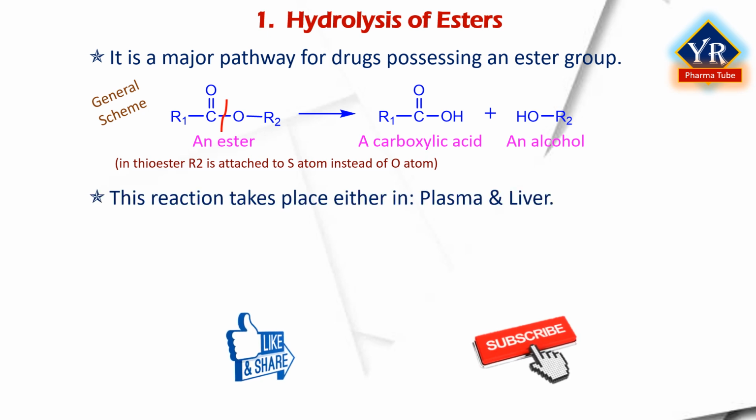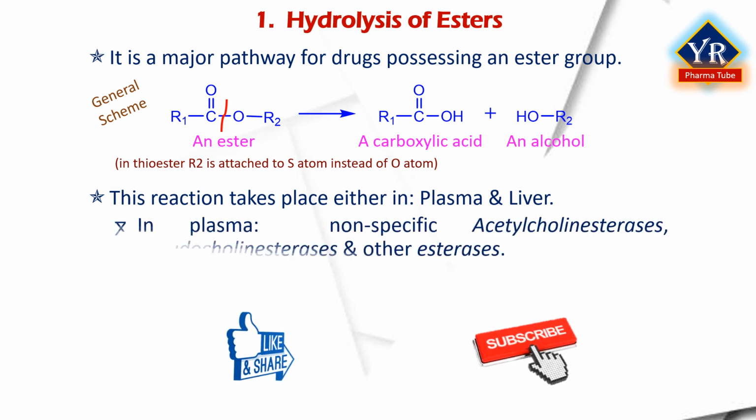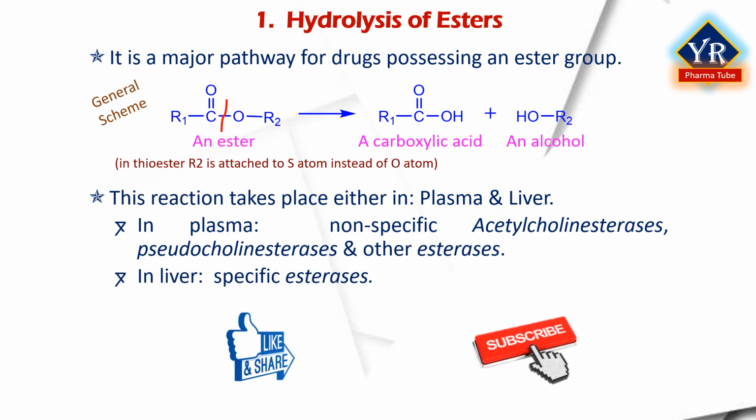This type of reaction can take place in the plasma, liver, kidney, and other tissues. In plasma, non-specific enzymes such as acetylcholine esterases, pseudocholine esterases, and other esterases catalyze the reaction. And in the liver, specific esterases catalyze the hydrolysis for a particular group of drugs.